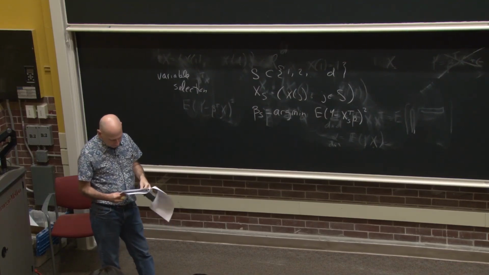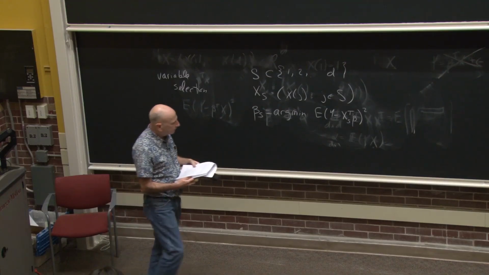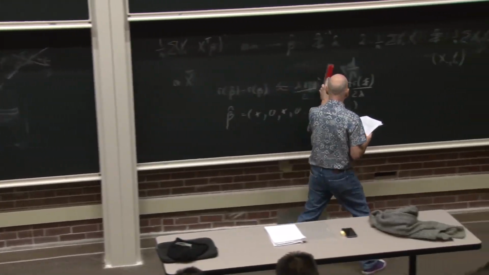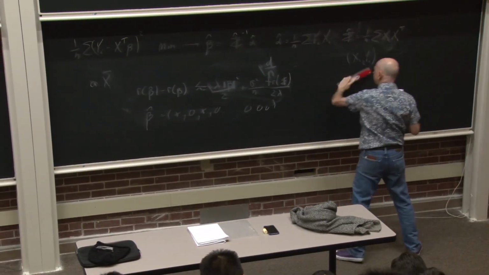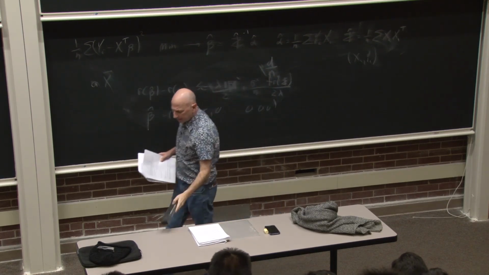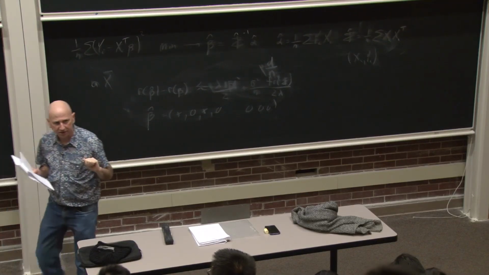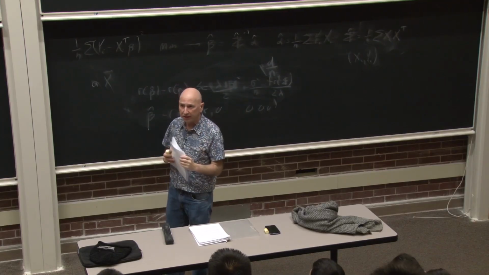Okay, well, there's two problems with that. So let's suppose we decide on the number of covariates I'm going to use. That itself is something we have to choose. But let's just suppose I've decided I'm going to use 10 covariates.